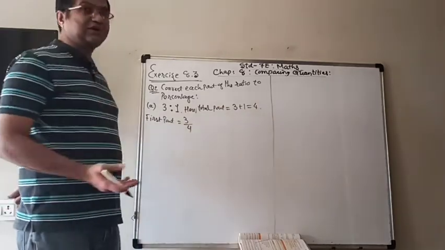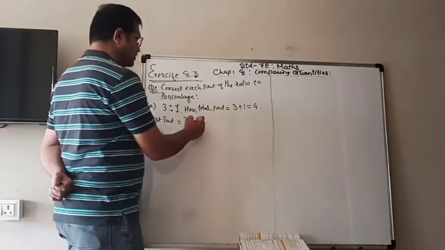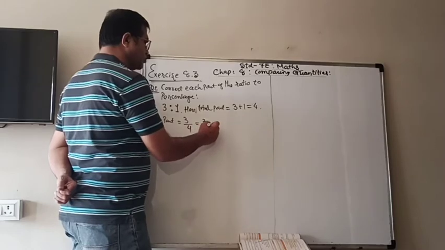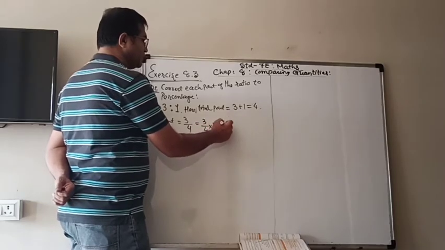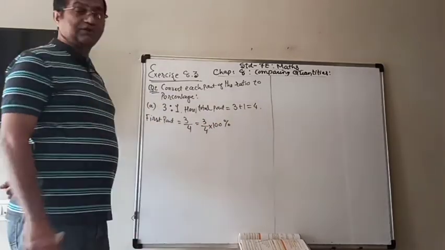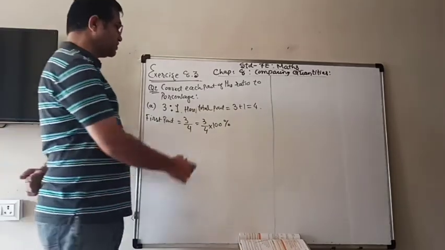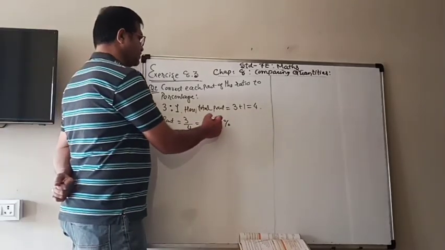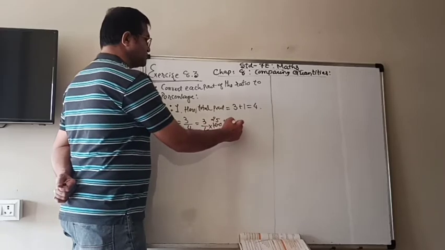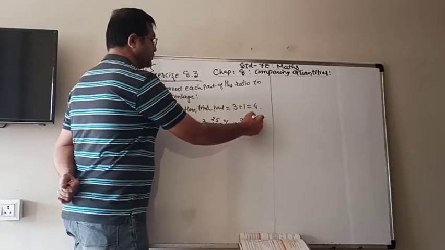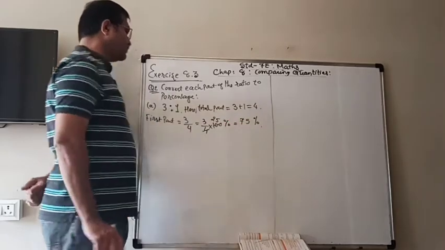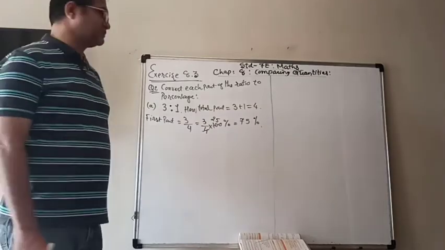Now we have to convert it into percent. So 3 upon 4 multiplied by 100%. Cancellation: 25 4s are 100, so 25 3s are 75%. So first part is 75%.